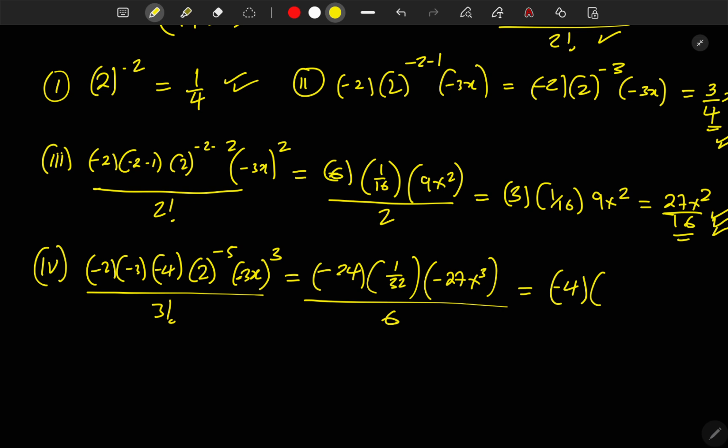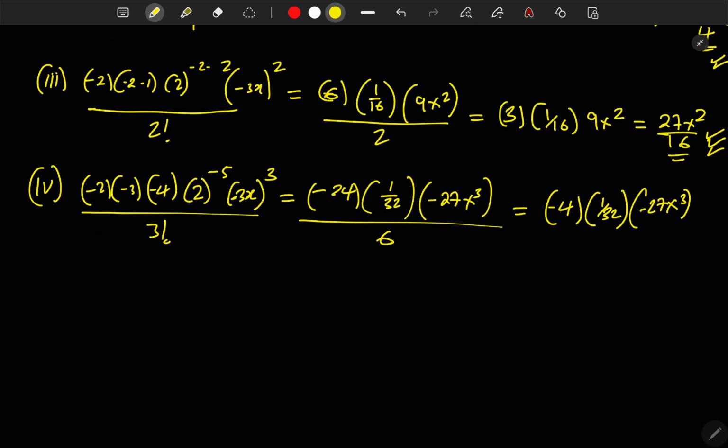So we get 1 over 32, still a 27, still negative 27, x to the power 3. Of course, negative times negative will give us positive. 4 can go into 32 8 times. So we're getting 27 over 8 x to the power 3.